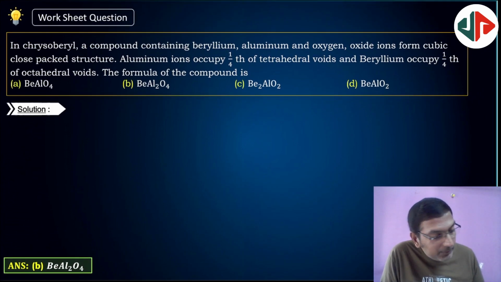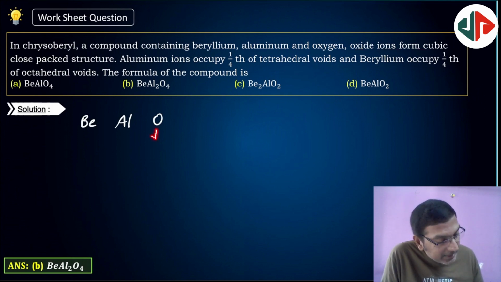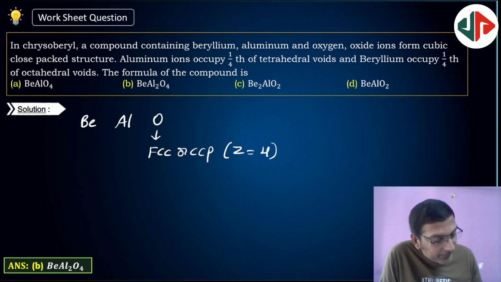So here one compound is given, chrysoberyl, which contains beryllium, aluminium and oxygen. Next, oxides form CCP structure. So that means O can form FCC or CCP structure. Next, CCP means Z equal to 4.